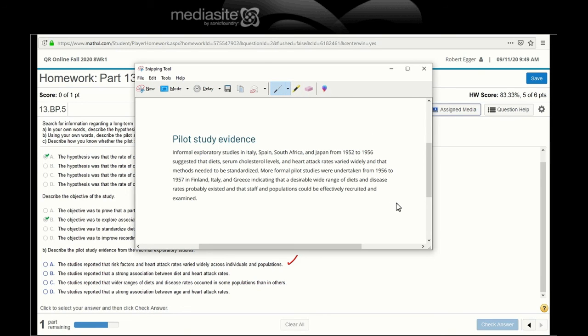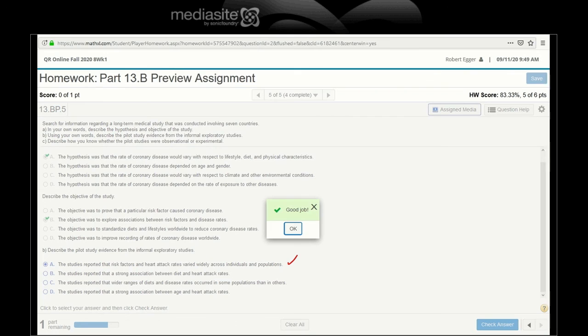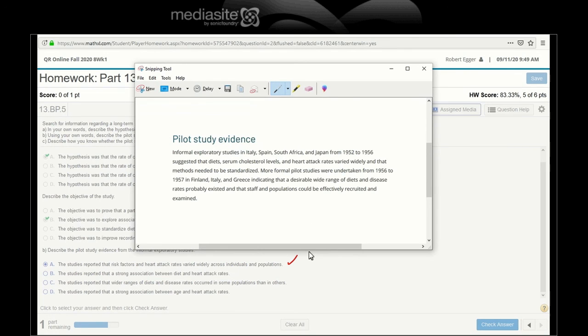Studies report a wider range of diets and disease rates occurred in some populations than others. A wide range, probably wide. Now, that seems to cover it, so it is A. Yes, it is. So sometimes you've got to read these things very, very carefully.